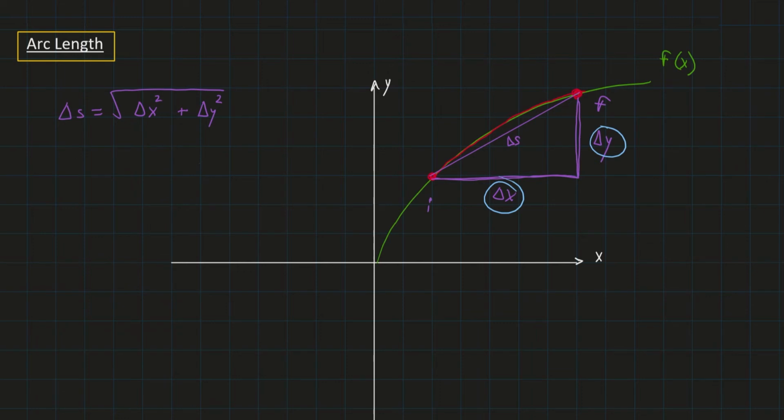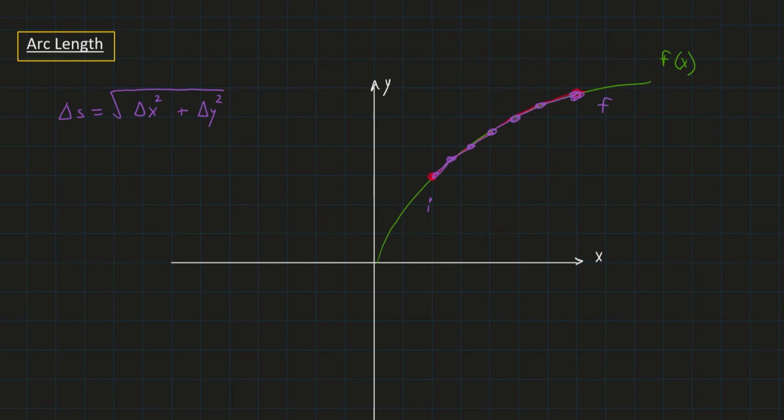Now, if I use the distance formula to calculate the distance between those 2 points, that is not the exact length of my curve between that initial point here and that final point here. But it is close.